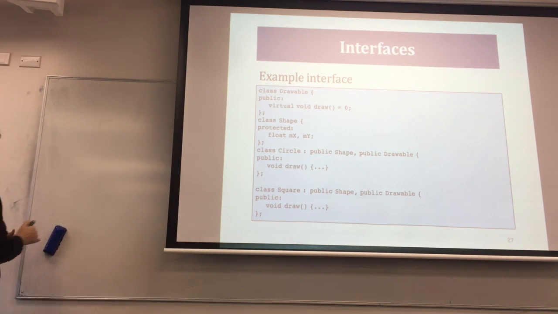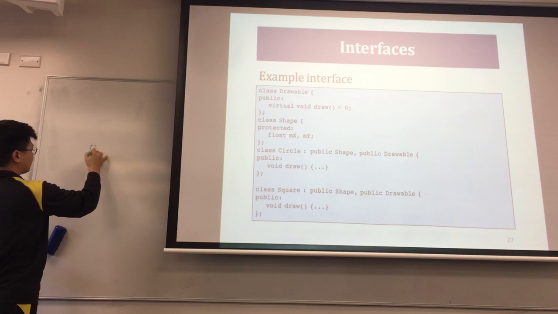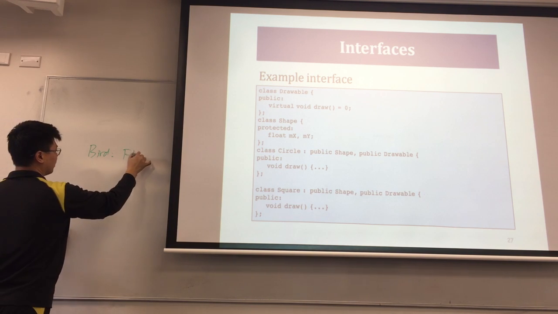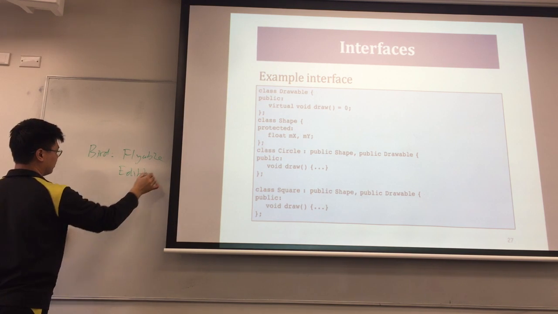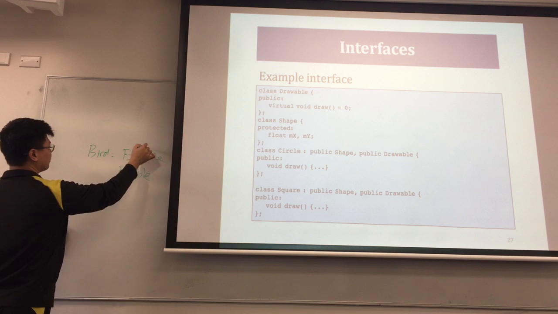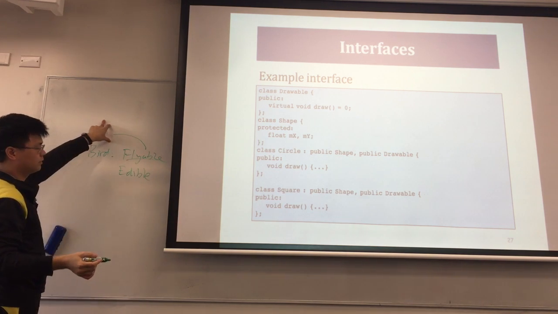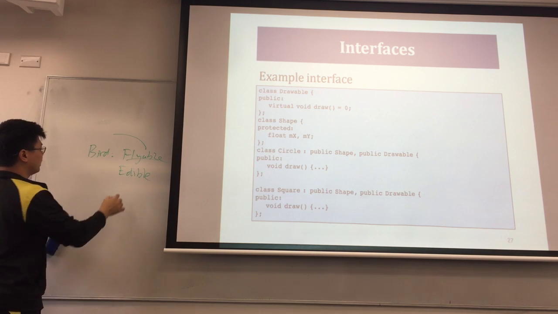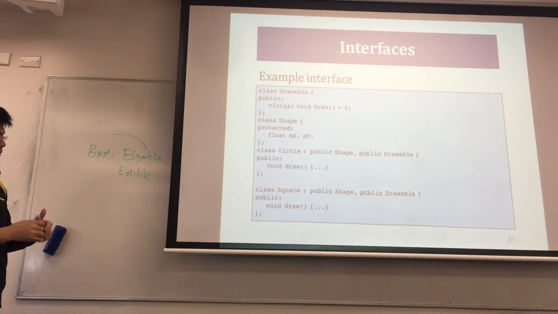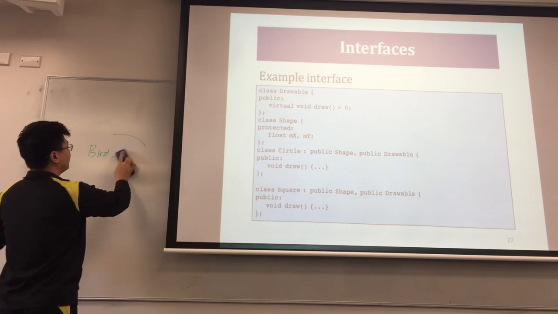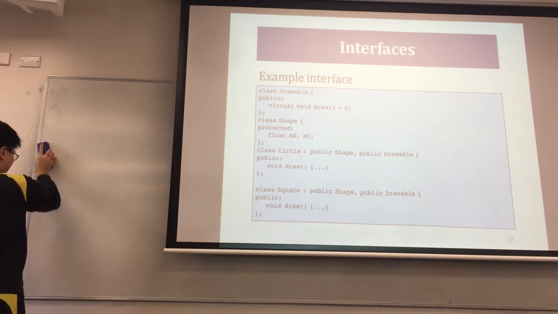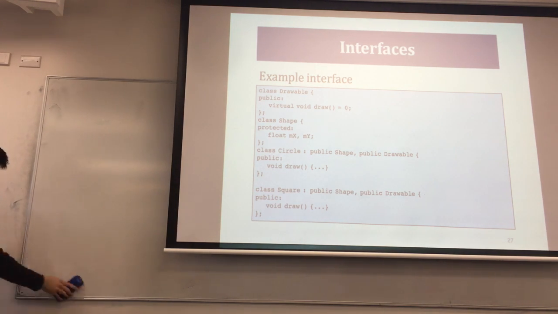Or we can implement a bird to be flyable or edible, right? Or anything else. So this flyable interface will probably declare the fly function, edible will probably declare an eat function, and so on. But this is just convention. You don't have to make it something-able. As long as you don't have any concrete function, or any non-final data member, then that's fine.